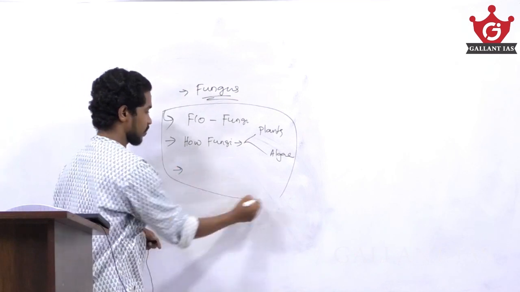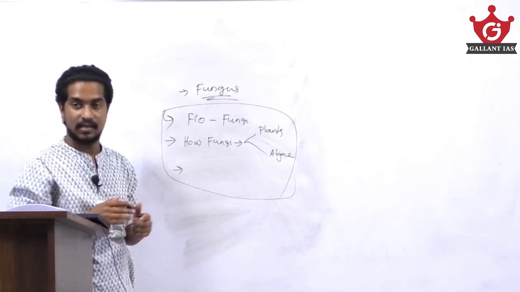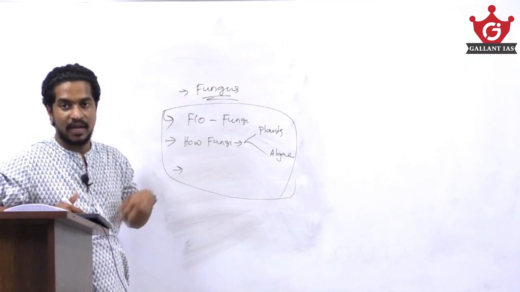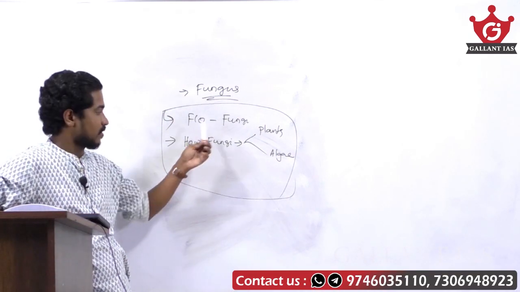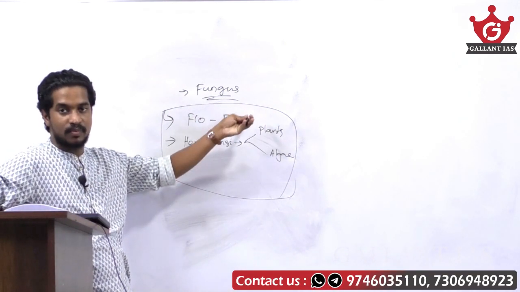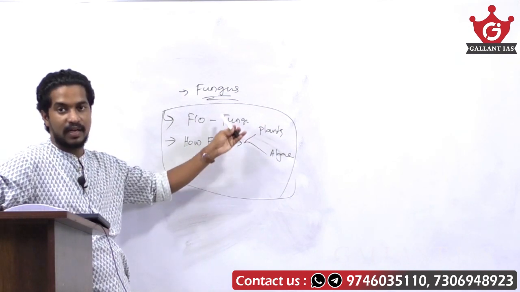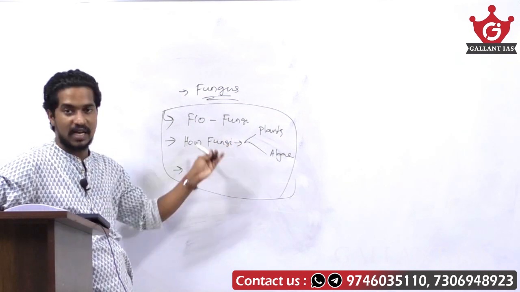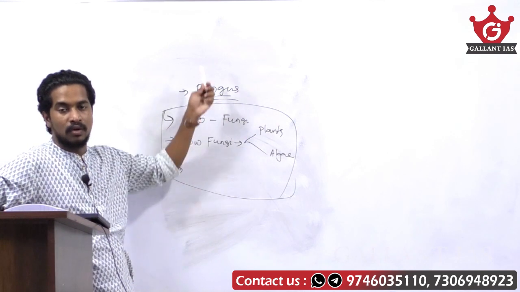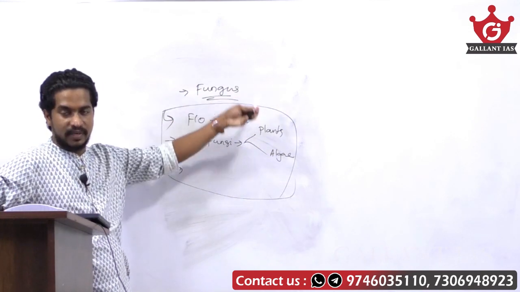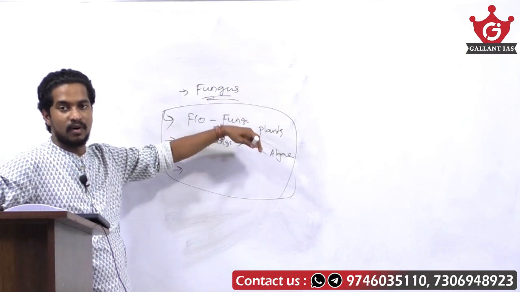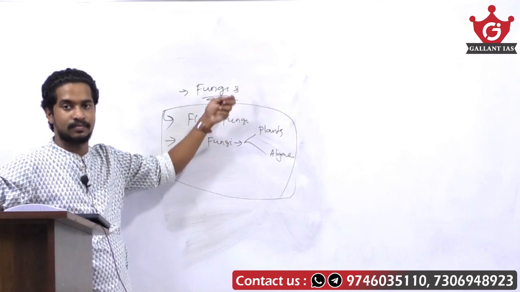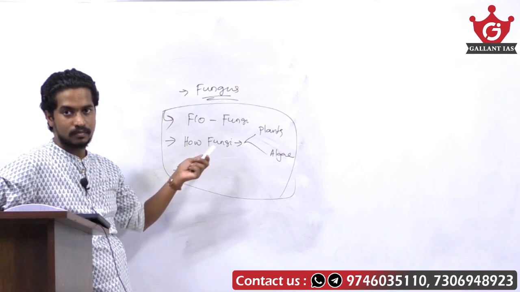Write it in a tabular form, so you can easily revise their differences. Looking at the previous questions, numerous questions have been asked from these areas. So while studying fungi, try to make the differences in a tabular form and keep revising.